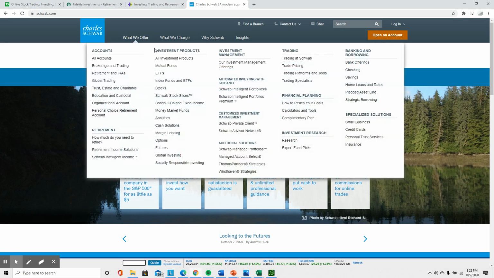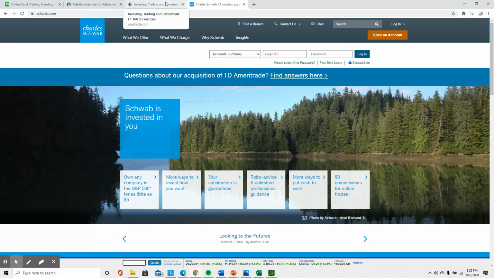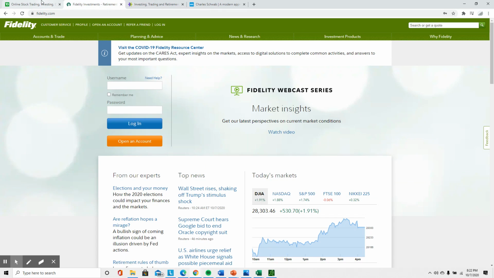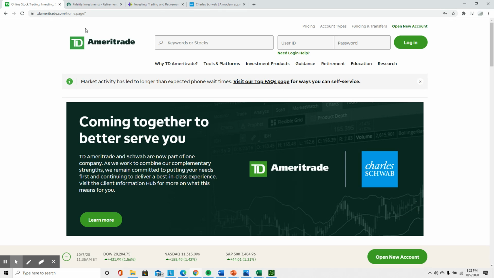So there's so many companies to choose from. Like we said, whether it's Charles Schwab, E-Trade, Fidelity, or TD Ameritrade, find the one that works for you. We've gone with TD Ameritrade. Now, when you open the account, you'll have immediate access to their active trading platform called ThinkorSwim.